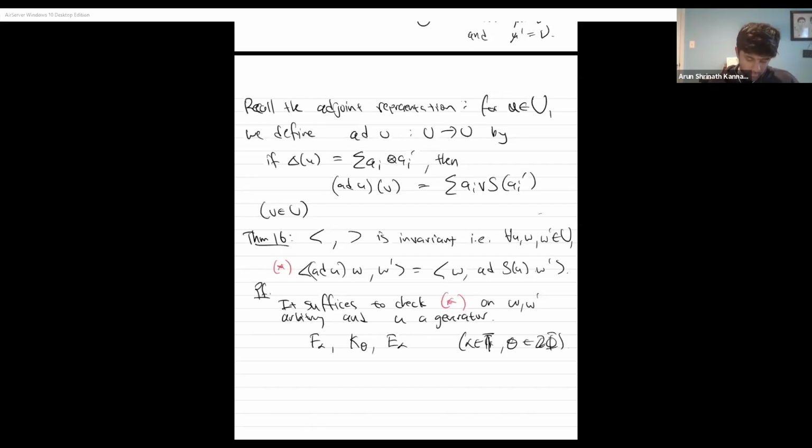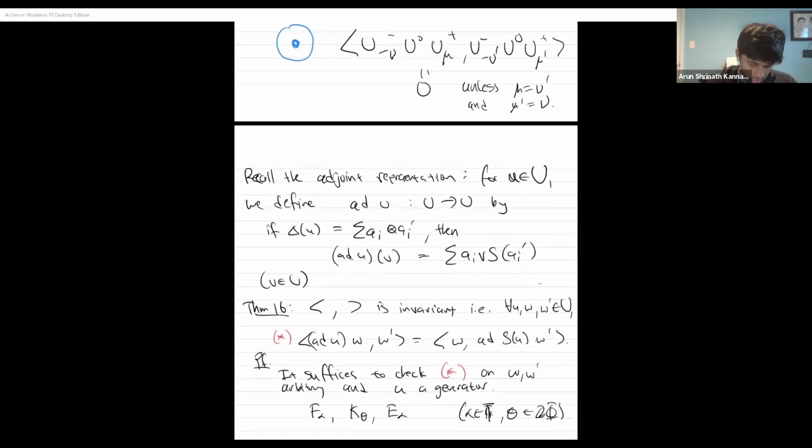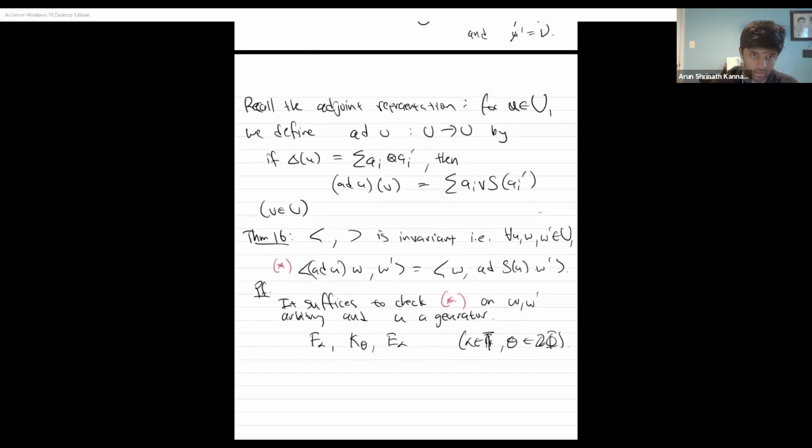And because of this circle property here, we can further restrict.